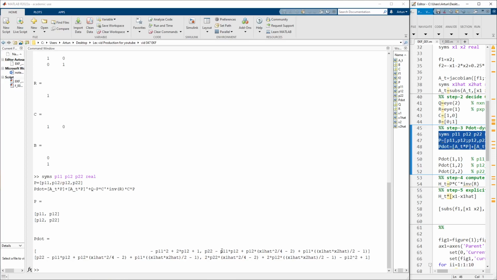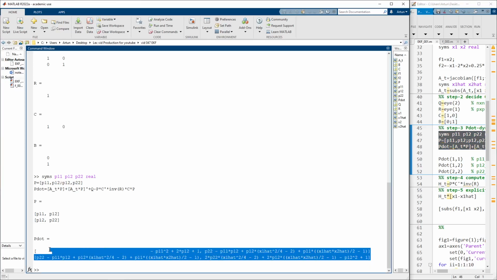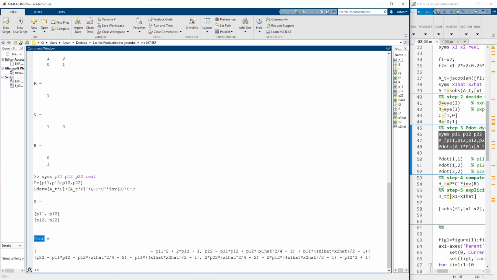First of all, don't be distracted by how long this expression is. It doesn't mean a thing, right? And again, it needs to be a 2 by 2 matrix, so also be aware of that. Here, this is P11 dot. This term, basically, you are going to take and write as P11 dot equals, and then you are going to copy and paste this.